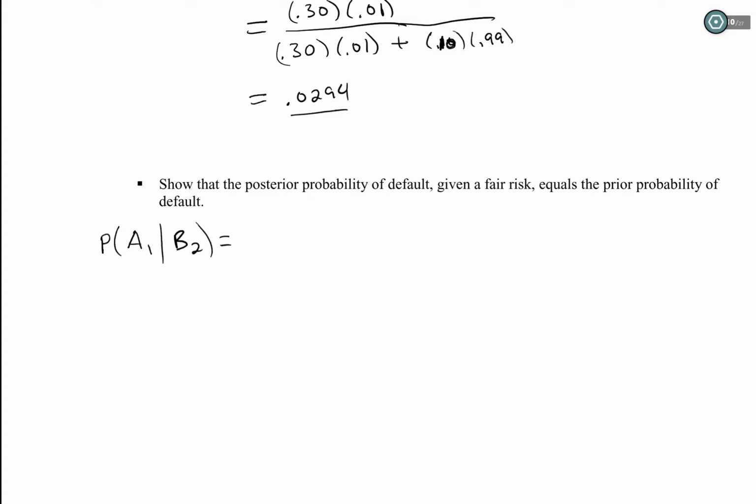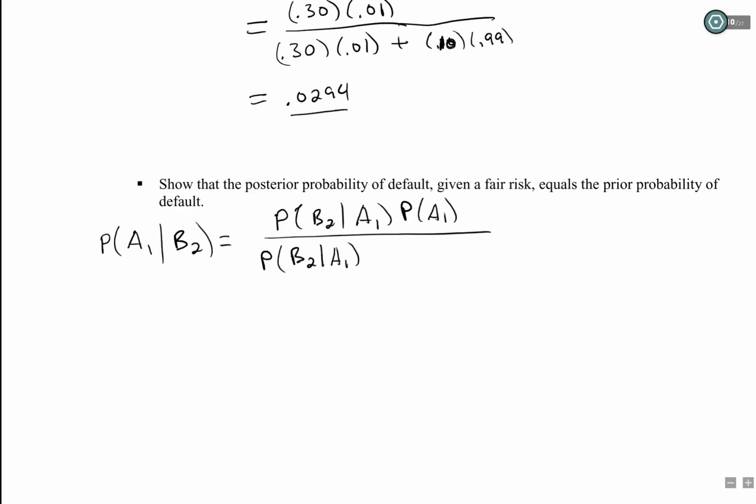Through Bayes' theorem, that is P of B2 given A1 times P of A1, divided by P of B2 given A1 times P of A1. That's the exact same quantity to start off the denominator. I've got to cycle through to the other state of nature, so it's P of B2 given A2 times P of A2.